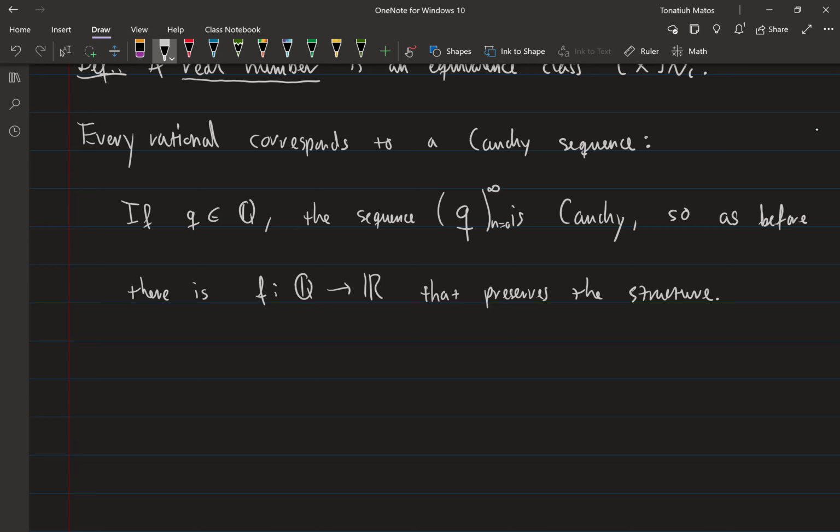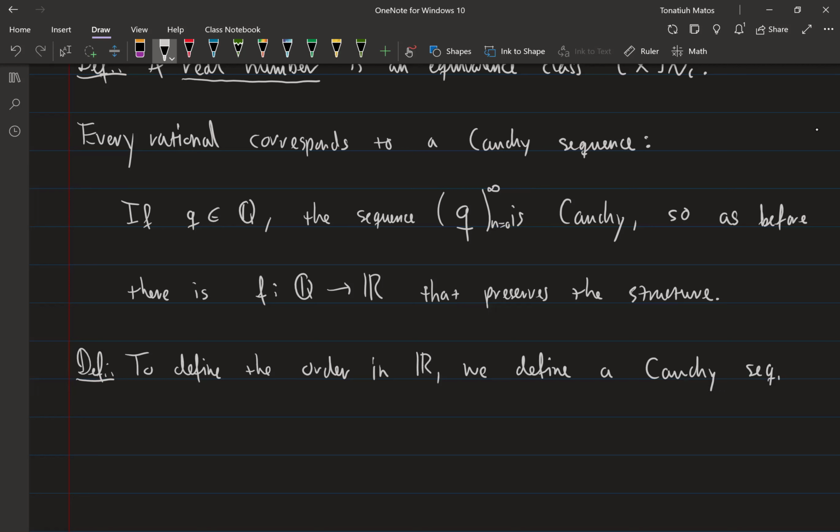So something that I haven't mentioned, which maybe we should, is how do we order these sequences? When is a sequence bigger or smaller than the other? So we will do this analogously, right? To define the order in R, we define a Cauchy sequence xn from 0 to infinity is positive.